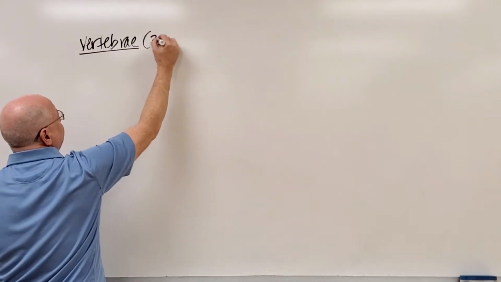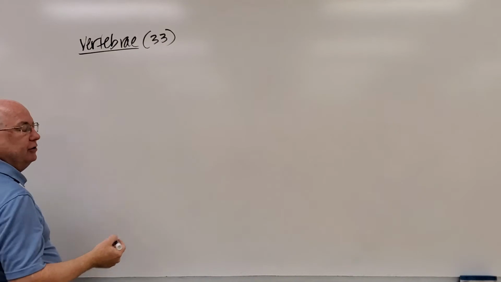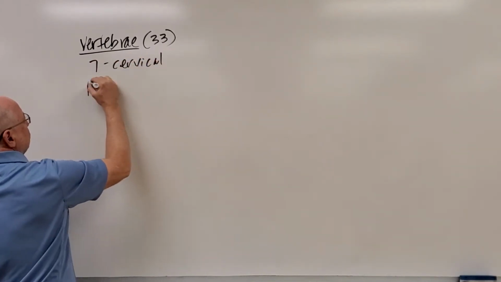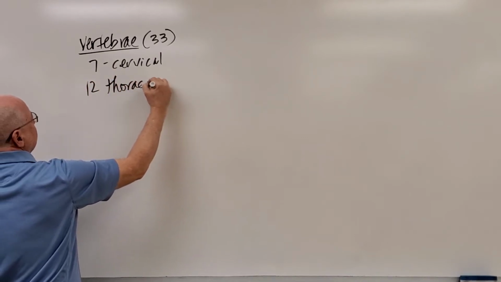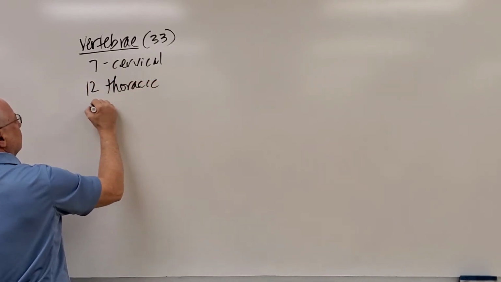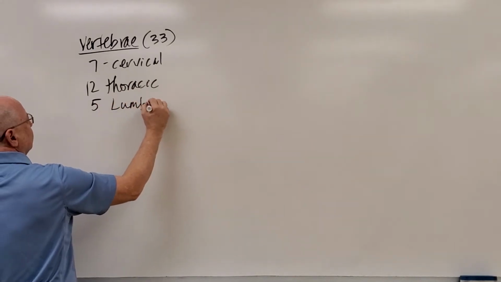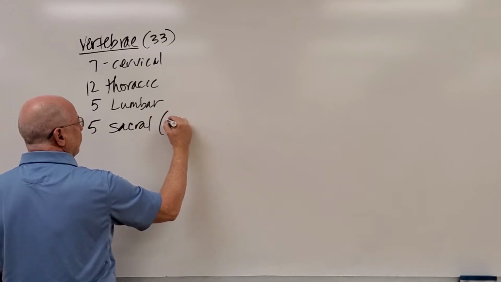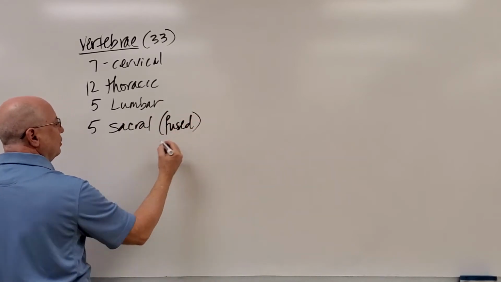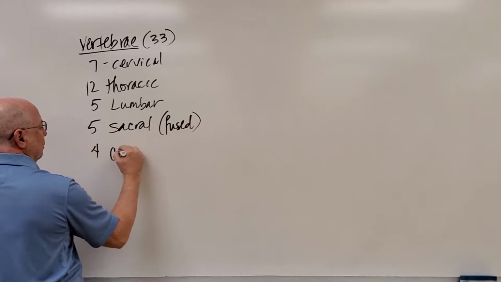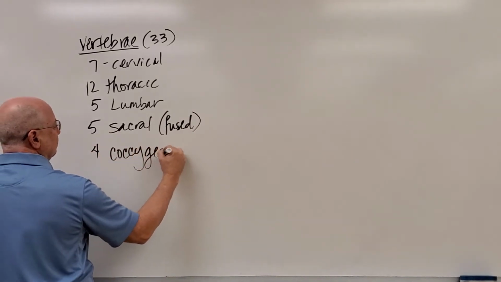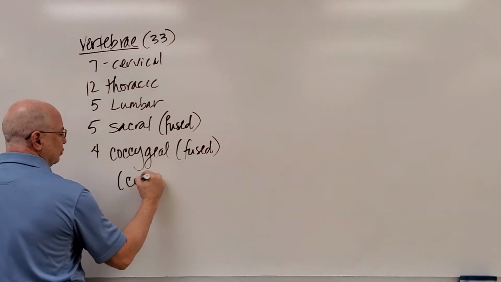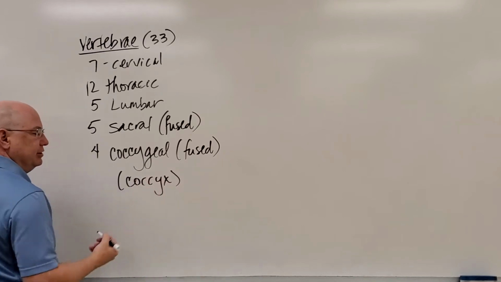There's a total of 33 in the normal average adult. 7 cervical, 12 thoracic, 5 lumbar, 5 sacral vertebrae, and they are fused into a structure called the sacrum. And then there are 4 what we call coccygeal vertebrae, and they are fused together into one structure. And they form a structure called the coccyx, C-O-C-C-Y-X.